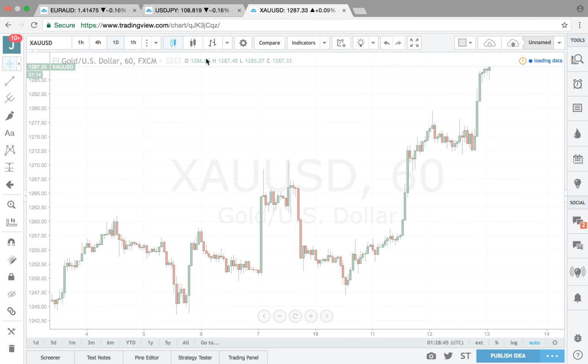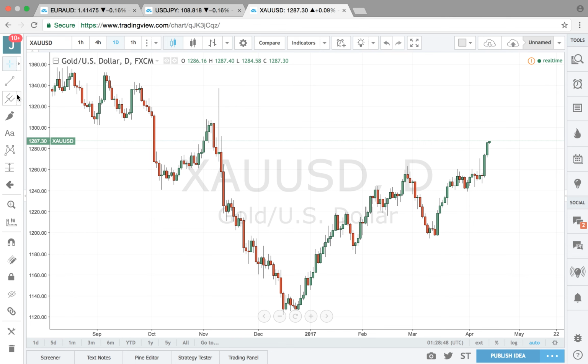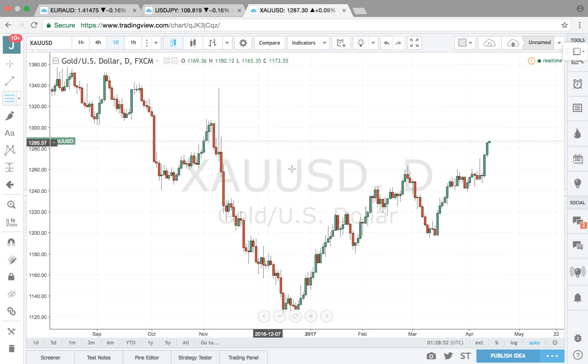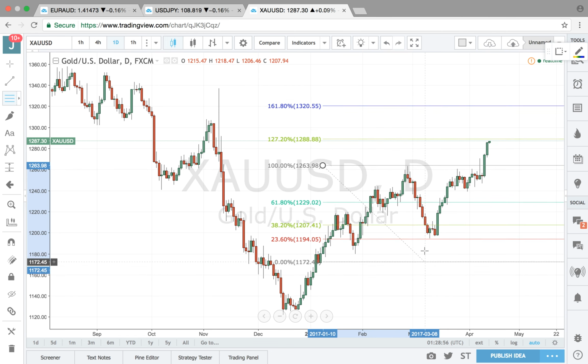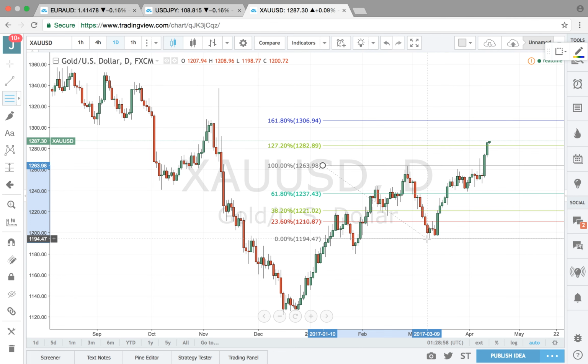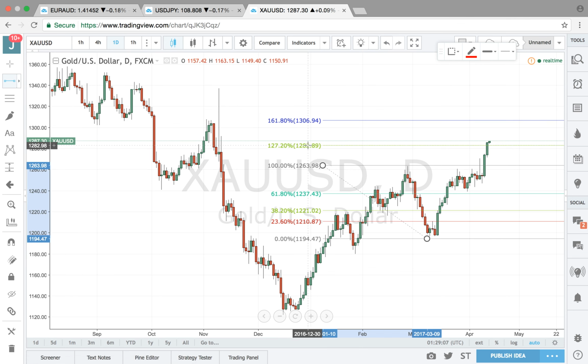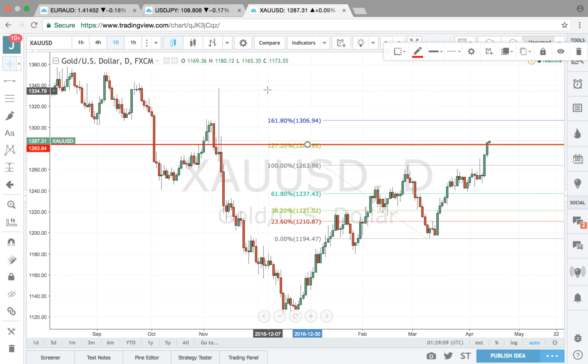So the daily, the main one, so like this. It broke past this bigger swing high right here to this swing low. Looks like it's breaking through this extension level, the 127.2. It's going to keep going until the 161.8, but that's why you're scaling down on time frames.